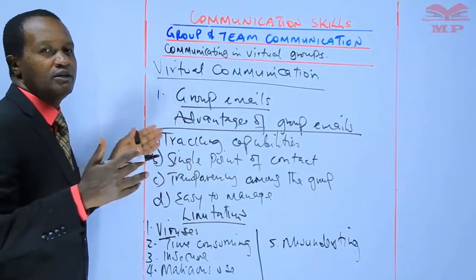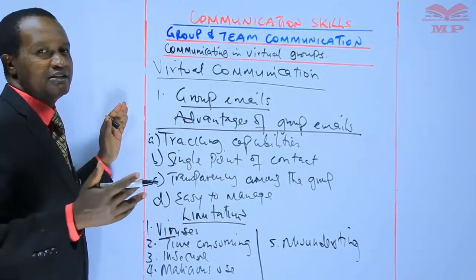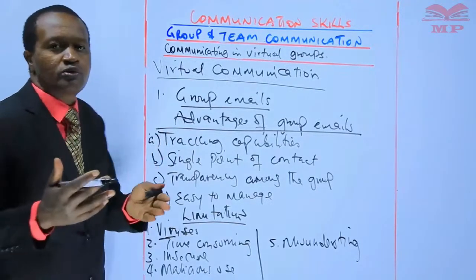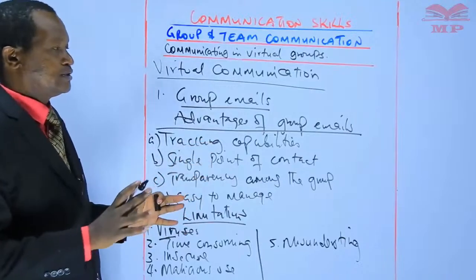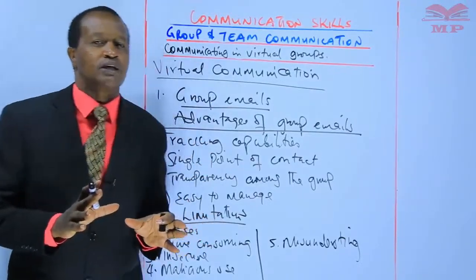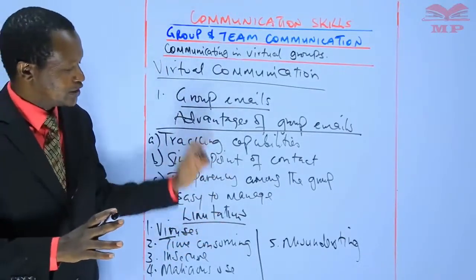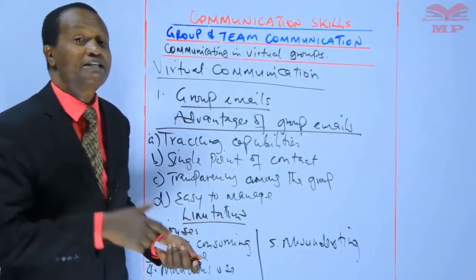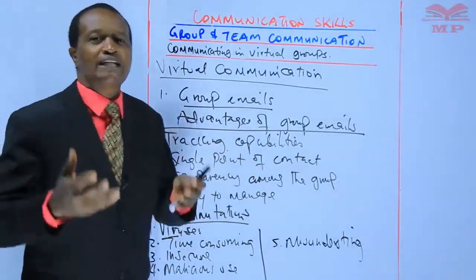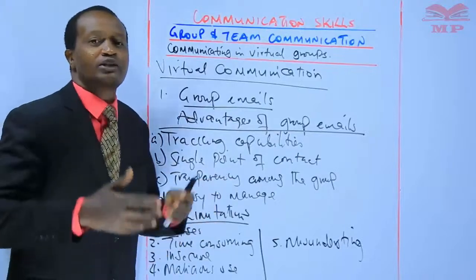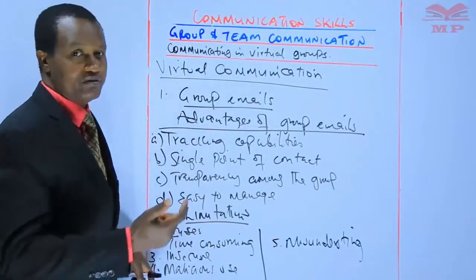Because there could be only text and no tone of voice or even body language to provide the context. And that's why sometimes when using emails, jokes can be taken seriously. And a well-meaning but quickly typed email can come across as rude or even aggressive.